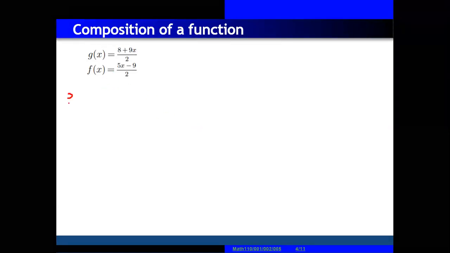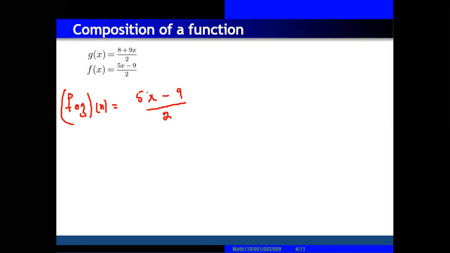First of all, f composition with g of x. So write down the f function first, 5x minus 9 divided by 2. Then replace x with the g function.